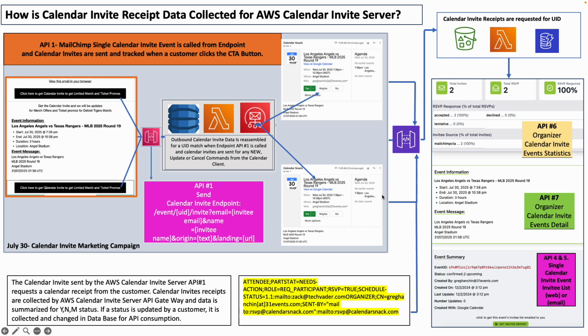Mechanically, we track that. Every calendar invite that goes out, we request a receipt. In the receipt analysis, it goes back up, and we have a process with the AWS Calendar Invite Server to take them, parse them, run some lambdas, and stuff them back into DynamoDB so these APIs here can visualize the data set itself.